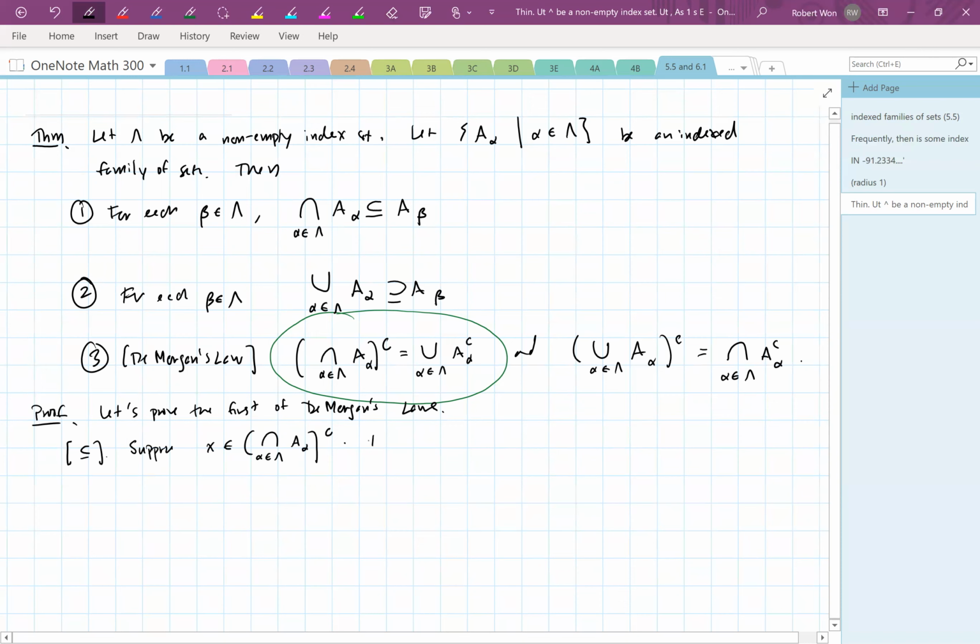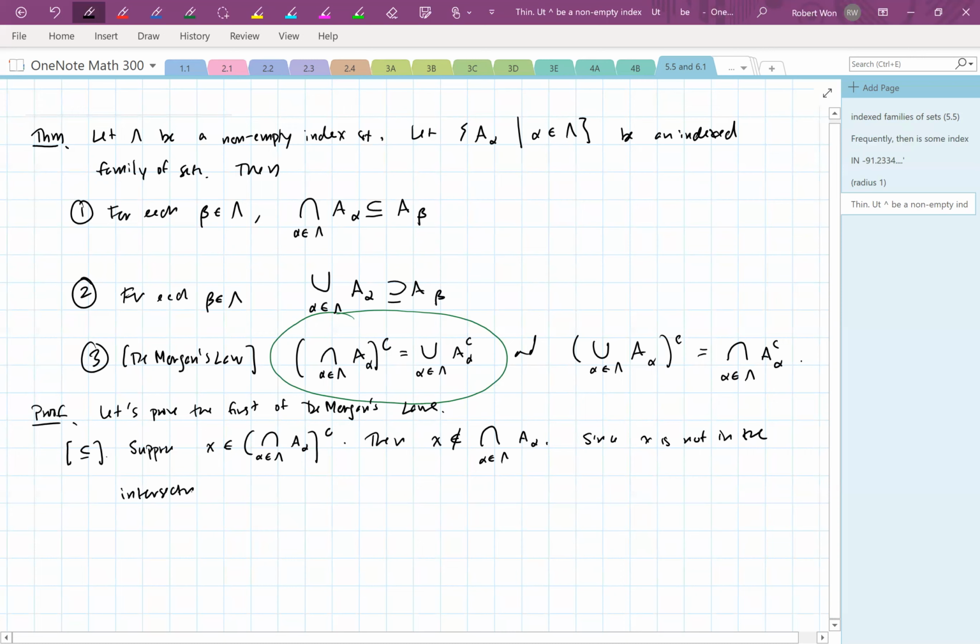What does this mean? This means that x is not in the intersection. If it's in the complement of the intersection, it means it's not in the intersection. Since x is not in the intersection, what was the definition of the intersection of these sets?